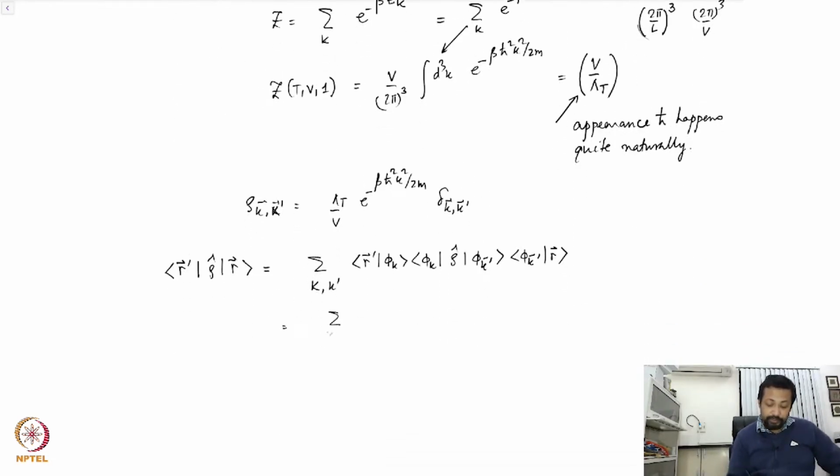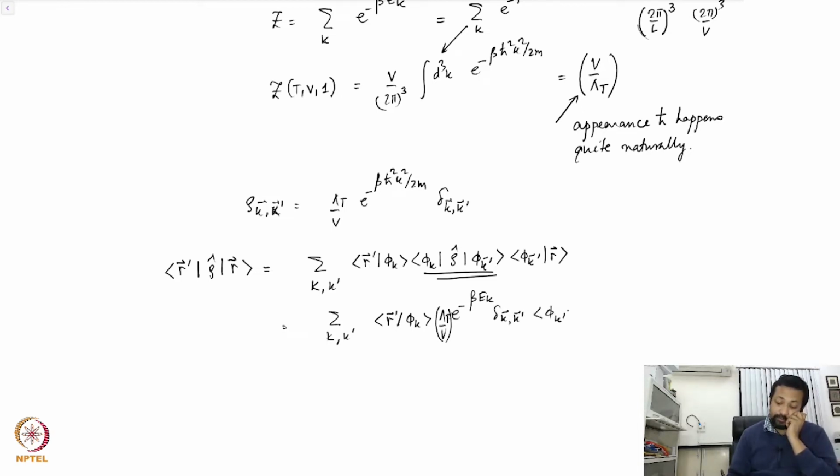This quantity, at least this quantity I know, is k prime, r prime phi k, e to the power minus beta epsilon k. We will just use that 1 over Z, or rather let's explicitly use it, lambda_T over V e to the power minus beta epsilon k delta k comma k prime, and then I have phi of k prime r.